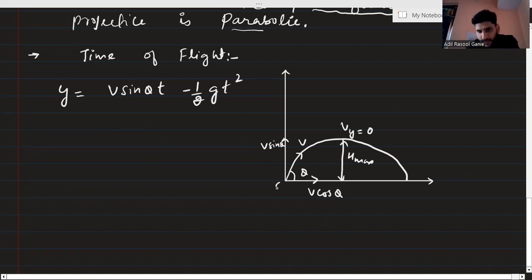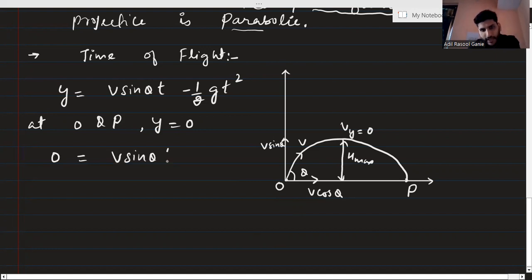Suppose this is the point O and point P, the two points where this projectile is at the surface of Earth. At O and P, the vertical displacement, which is y, is equal to 0. So if I place y equal to 0 in the above equation, I get 0 is equal to v sin theta into t minus half of gt square.